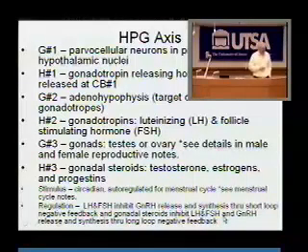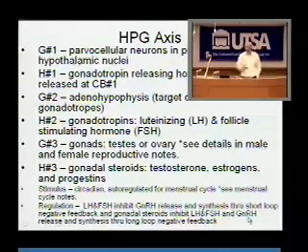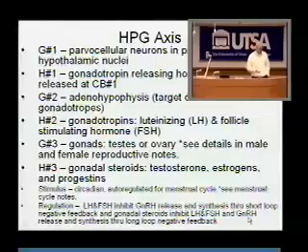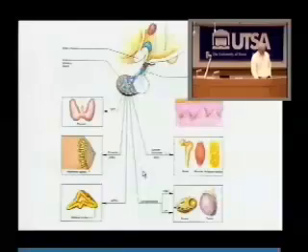But there's debate in the literature as to whether that's a direct or an indirect negative feedback on the GnRH neurons, because for a long time, the methods were not sensitive enough to detect expression of the gonadal steroid receptors in the GnRH neurons. So there was no receptor, there couldn't be a direct negative feedback. So that's still under intense investigation.